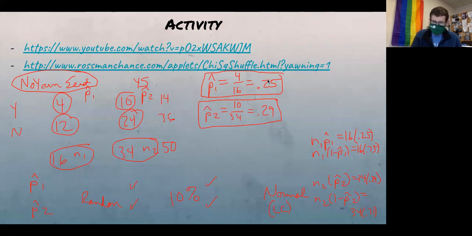So in our particular situation, we did not meet the large counts condition for the first sample, but we did for the second. Knowing this and remembering back to what we said, what can we do if we don't meet this condition?